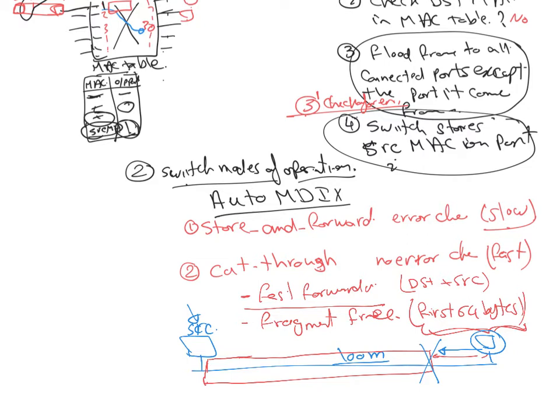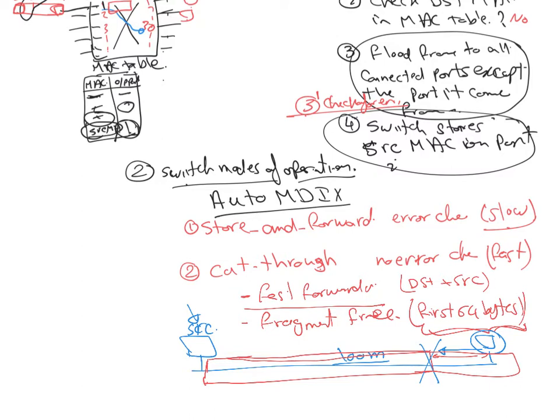The other scenario is that if the frame is more than 64 bytes, chances are this frame will occupy the entire line before the source finishes sending the frame. And in fact, they found that this is good. Why? Because this means that everyone on the line will know that the source is trying to send.